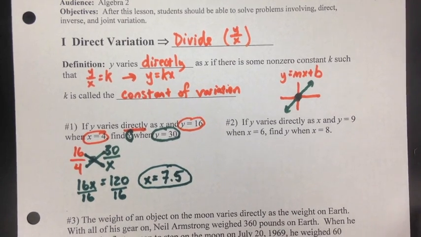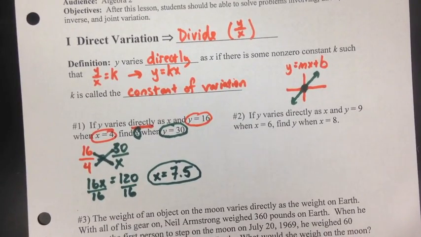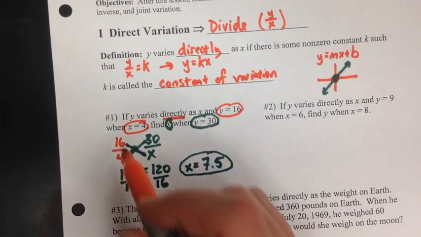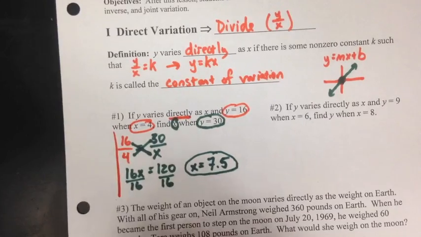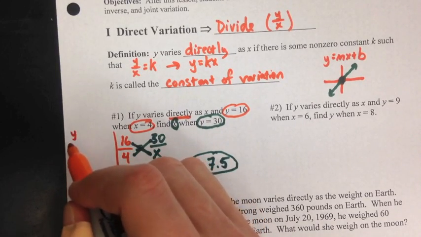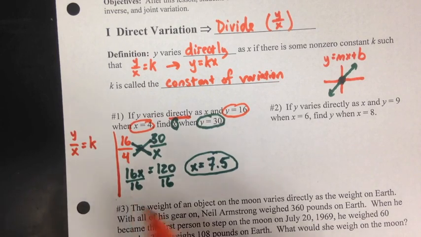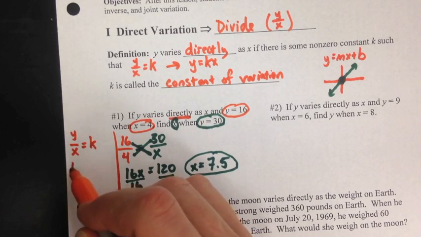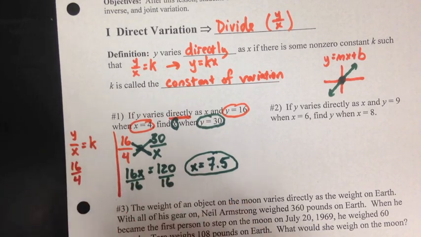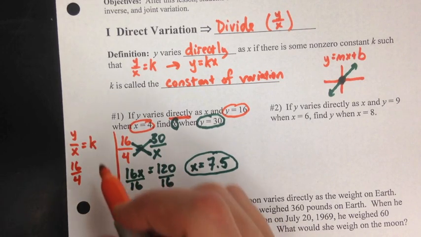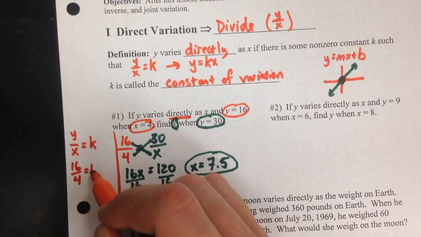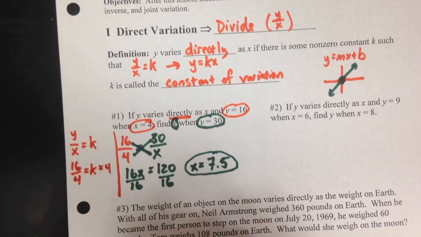You could also write the equation. They may ask you for the equation. Well, the equation, I'll do this on the left side here. Again, y divided by x equals the constant of variation when it's direct. Well, if I take 16 and 4, which was one of the situations they told us, that would equal the constant, which is 4.